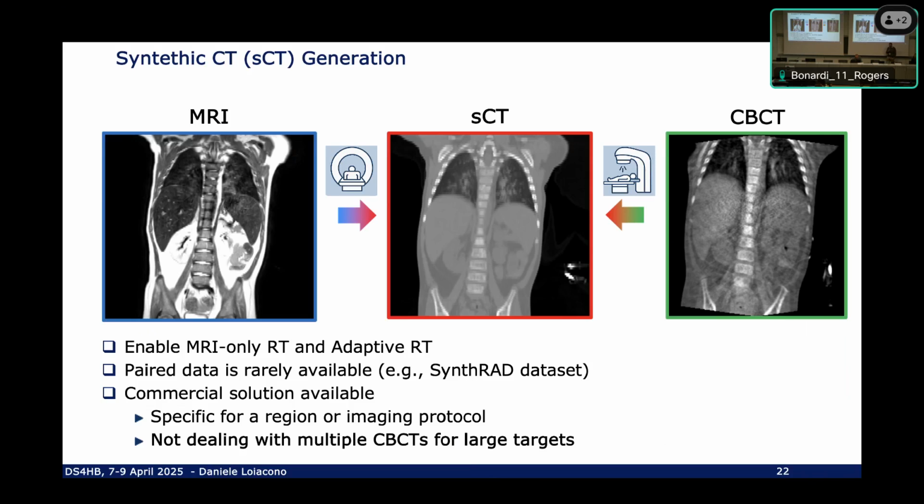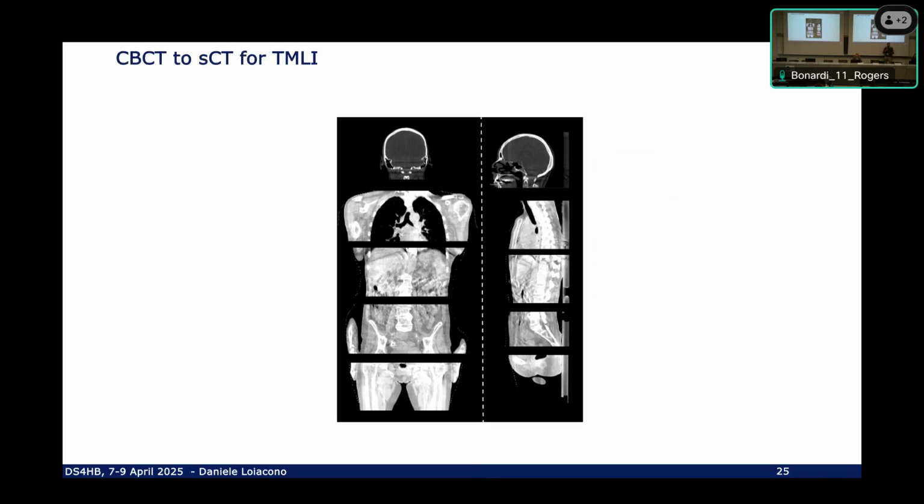For generating synthetic CT using AI from MRI or from cone-beam CT, there are already a lot of solutions, including commercial solutions. We studied both problems, specifically for the TMLI, but I want to focus more on the application from the cone-beam CT, because in the case of TMLI we had to deal with a quite specific problem: we don't have a single cone-beam CT that covers the entire area we are treating, but due to the extensive area to treat, we have multiple cone-beam CTs with missing areas that are not covered between one cone-beam CT and the next one.